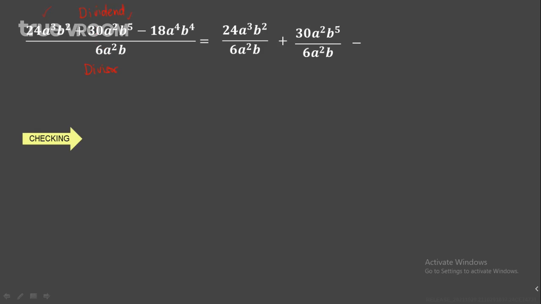What is our third term? 18 a raised to 4, b raised to 4, over 6 a raised to 2 b squared.